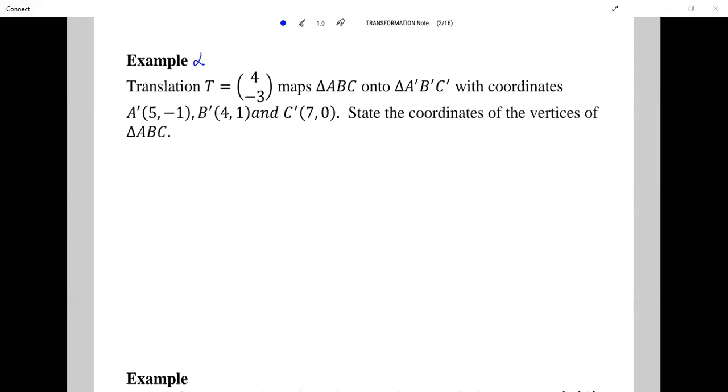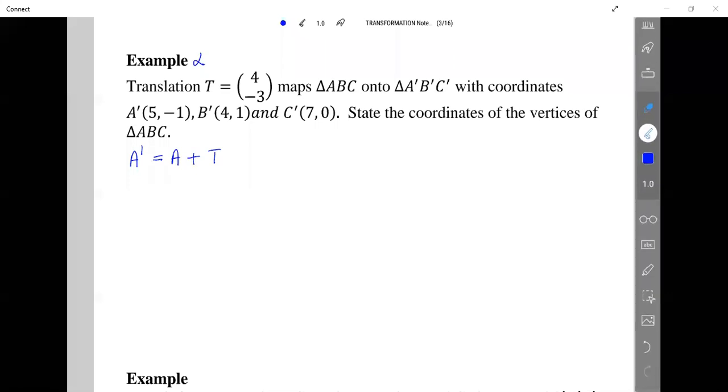Now I'm going to do one for you, and then you do the next two. Using the matrix equation of transformation, A prime is equal to A plus T. All right, let's start it the other way.